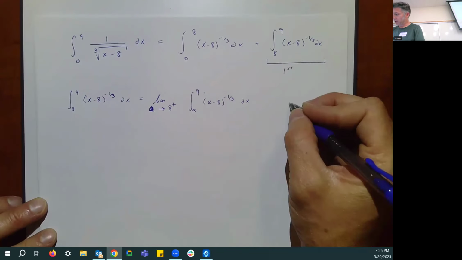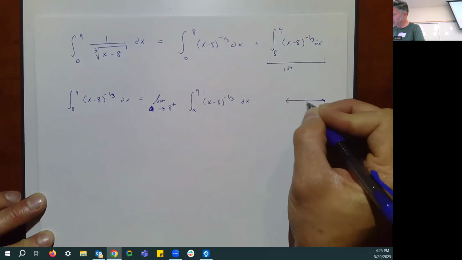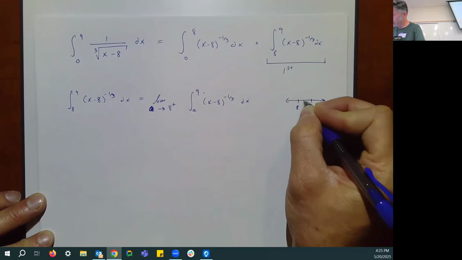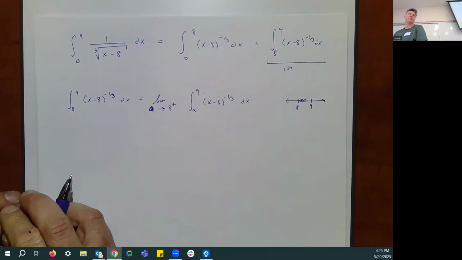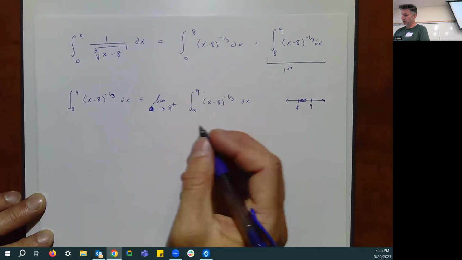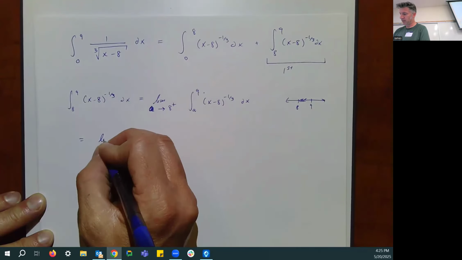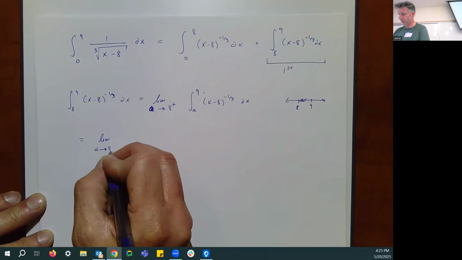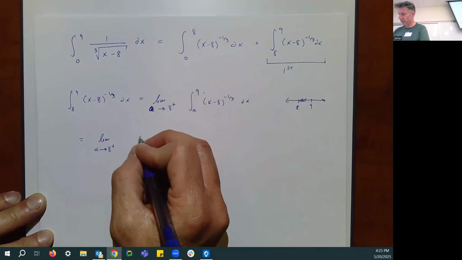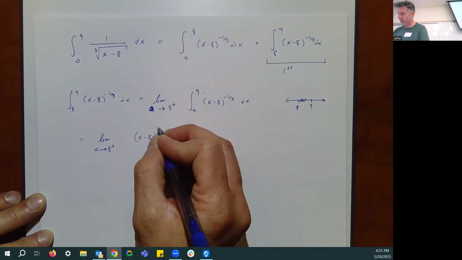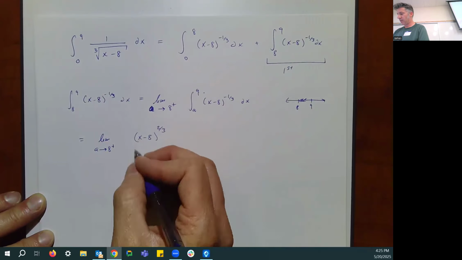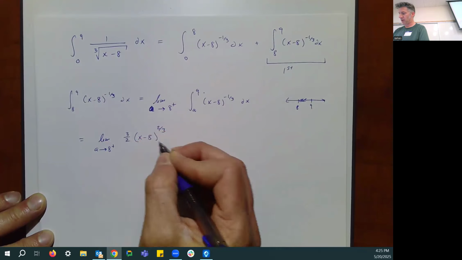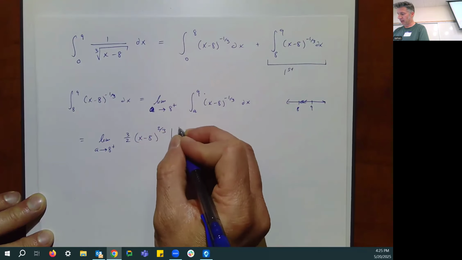But you can also draw a picture. Here's 8 and 9. If I'm coming at 8, I have to come at 8 from the right-hand side. And then we do the integration. We get the limit as a approaches 8 from the right of x minus 8 to the positive 2/3 divided by 2/3, which is multiplied by 3/2, from a to 9.